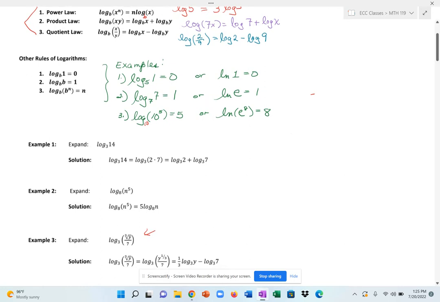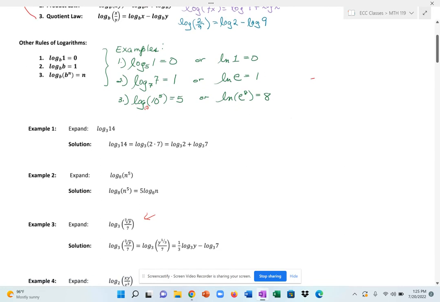So this is rewritten as log base 3 of y to the 1/3 over 7. So I apply my power law to the numerator, which is 1/3 log base 3 of y, and then my quotient law means that I can write this 7 here separately, so minus log base 3 of 7.